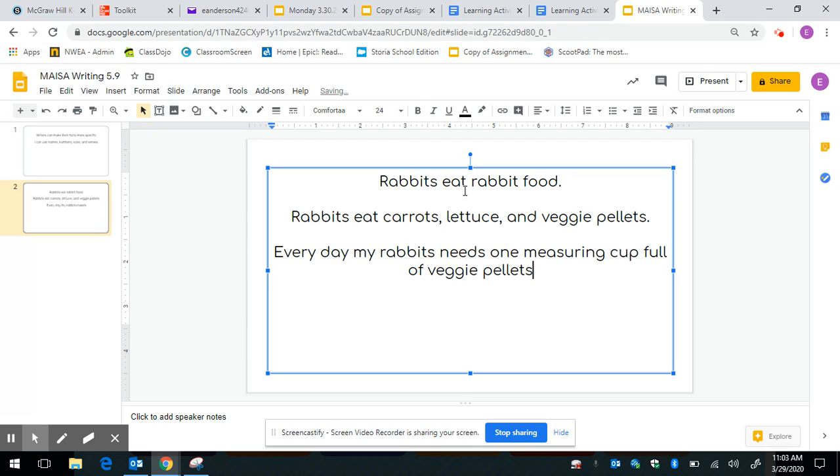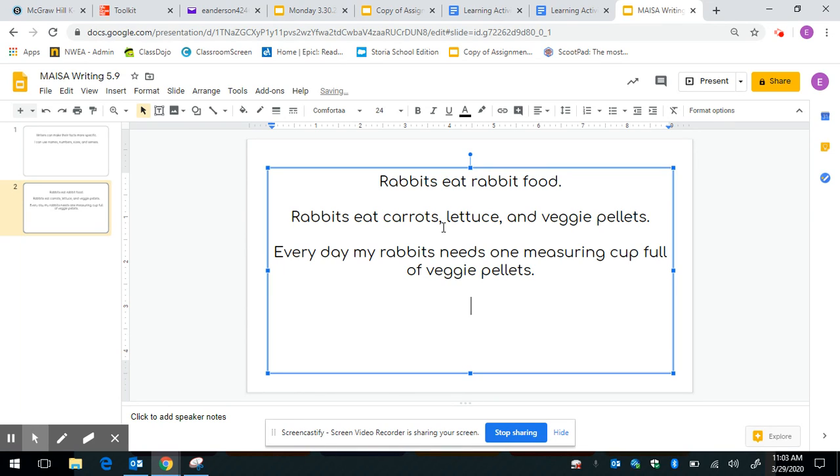I don't know if that's true. I don't have a rabbit, but that gives a number. It tells you a size, one cup. I can kind of picture what one cup looks like rather than just saying some or a little bit. You can see exactly one cup of food. That gives me a specific number, okay?